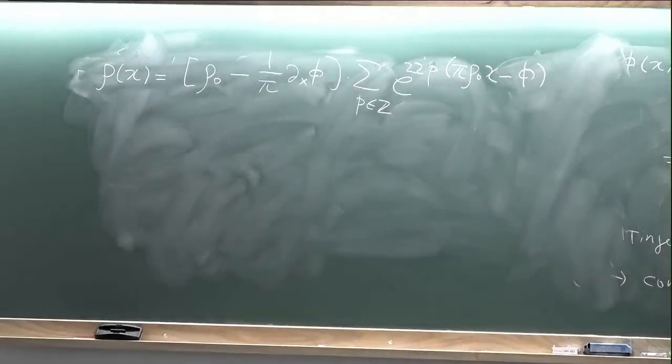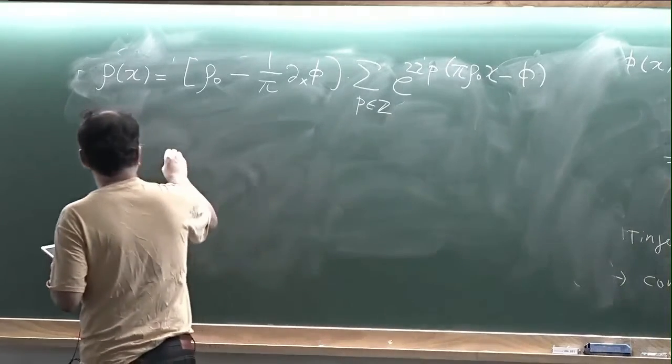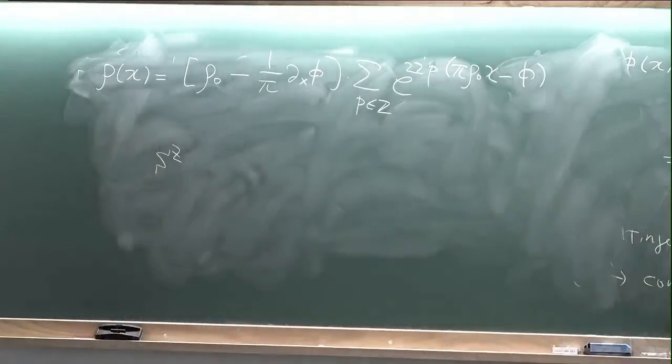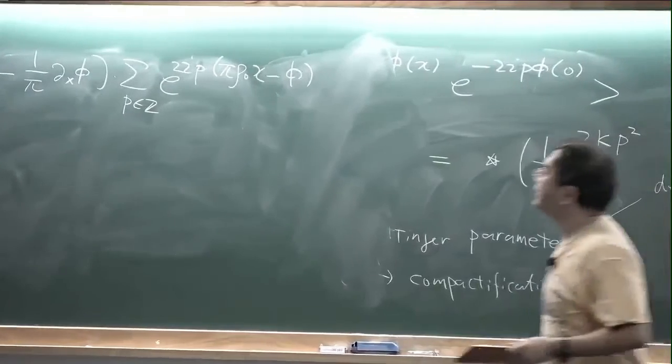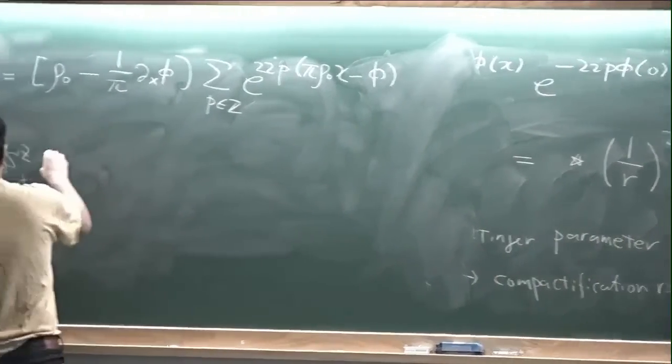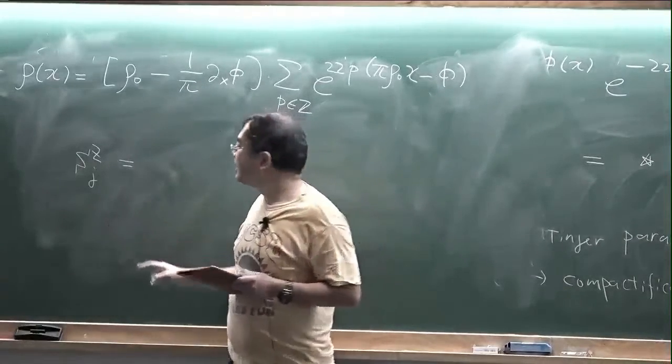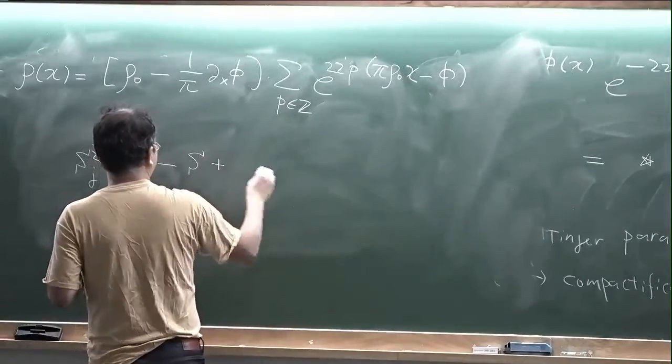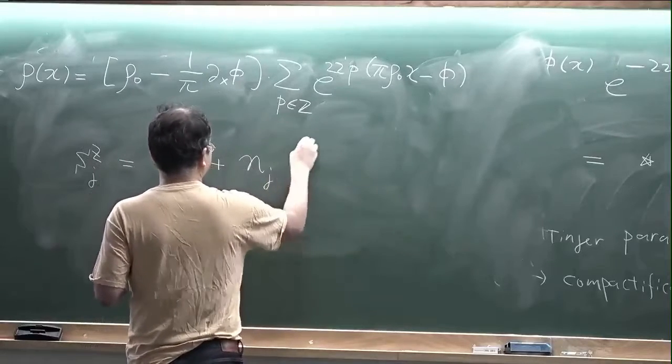So this is what you get as the expression of the density of these bosons or magnons moving freely in one dimension. But then Haldane asked, okay, then what are the spin operators? Let's say SZ. So SZ, once you make this identification, is minus S plus the number of bosons at each site. For example, SZ at site number j must be minus S plus the number of bosons at the same site.